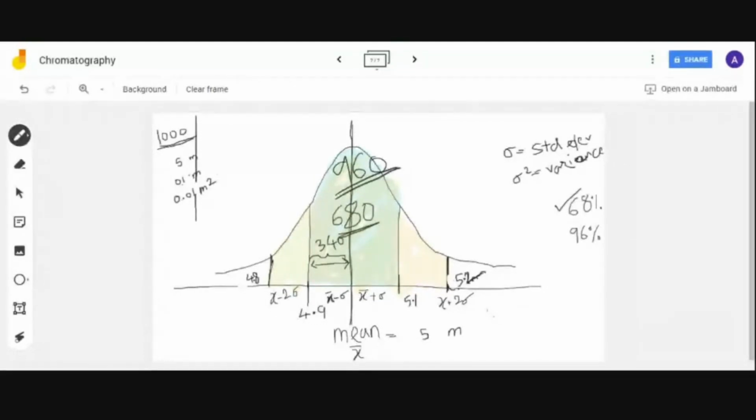Width of the band will remain the same. Considering that as the compound travels down, the height of the column which will contain 340 microgram of the total 1000 will be defined as the plate height of that column.